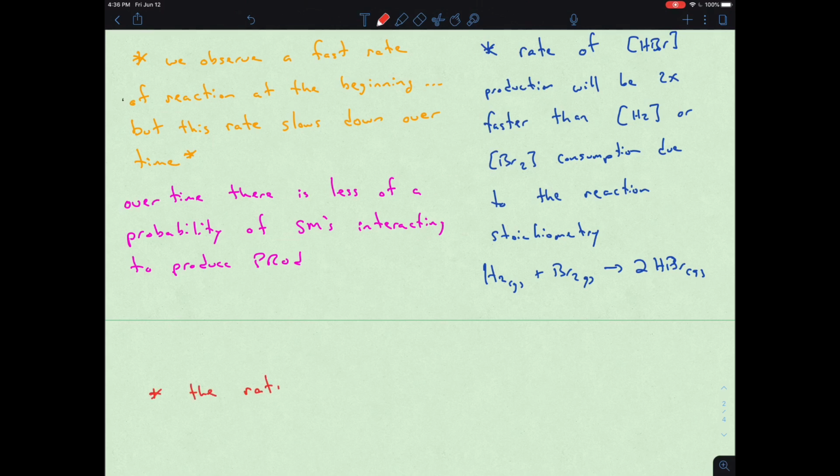So the rate of a reaction for a particular starting material or product is dependent on its stoichiometry.